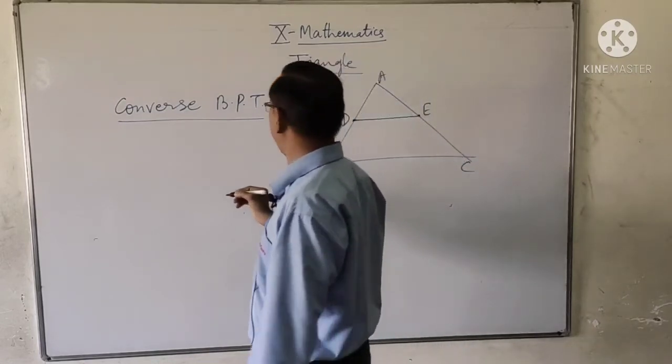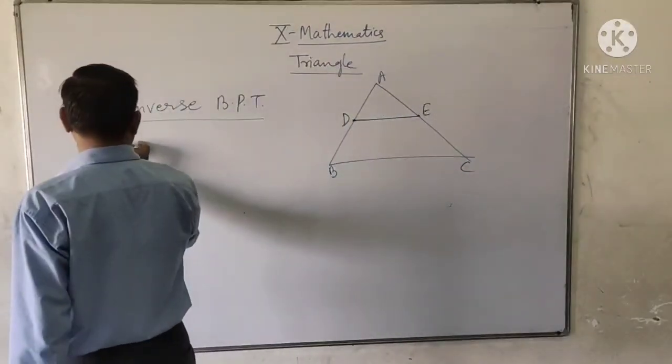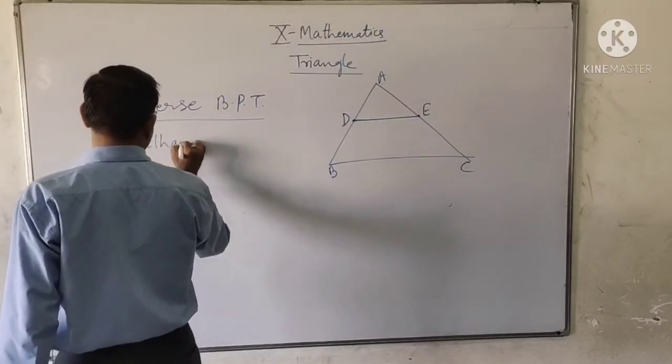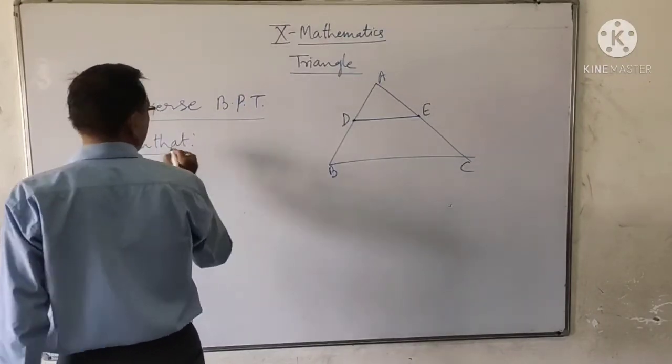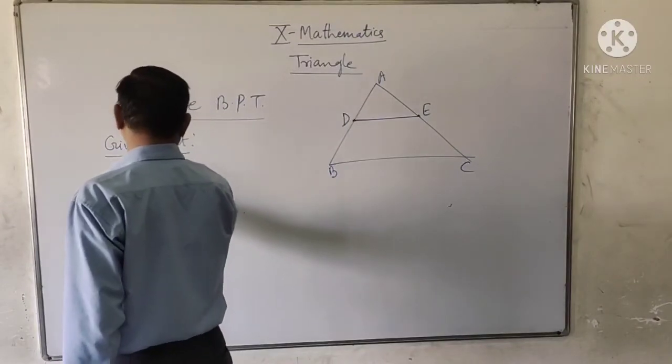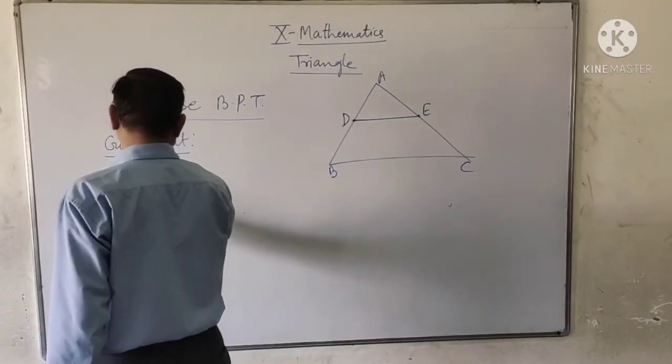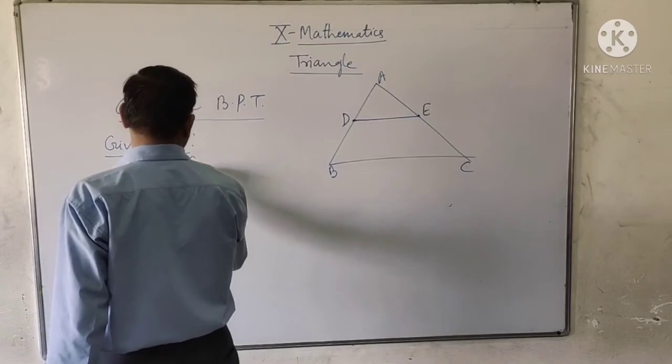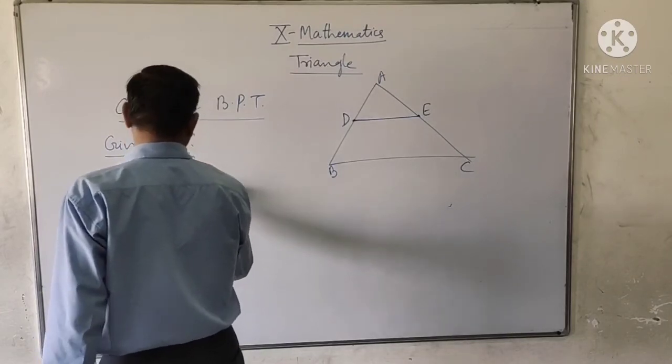What is given? Given that the ratio AD upon DB equals AE upon EC.